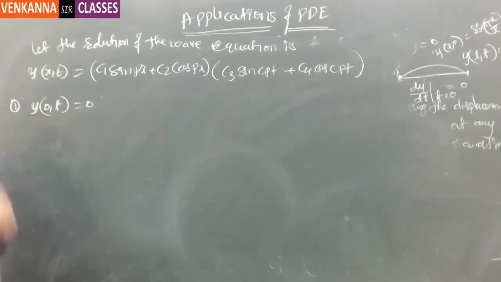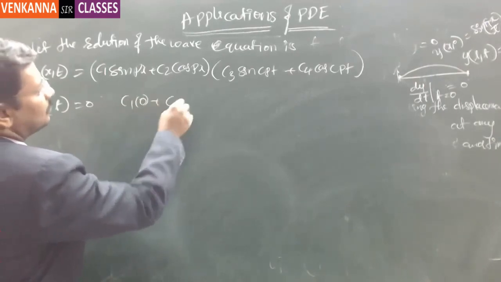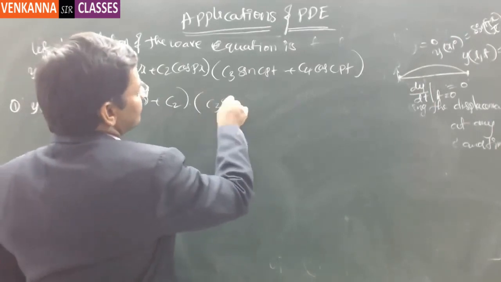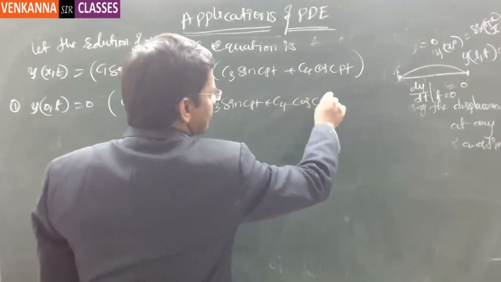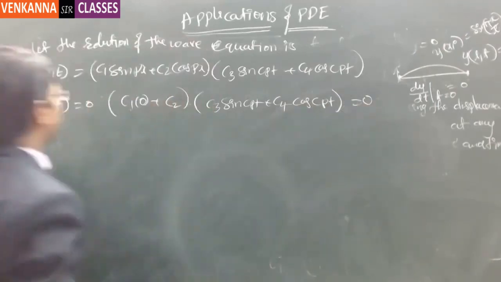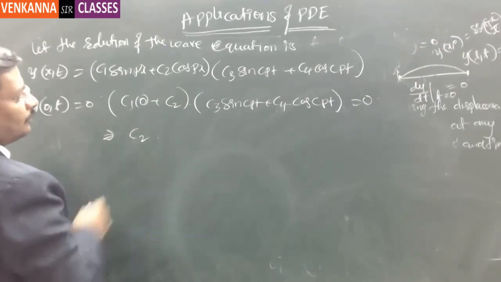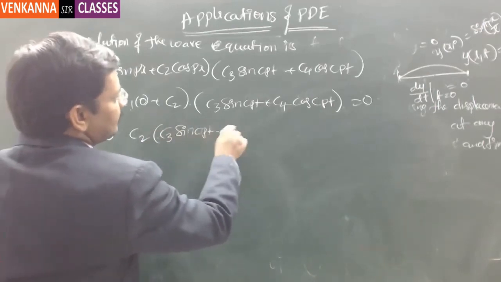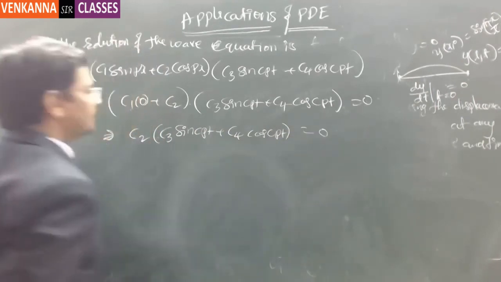If I put x as 0 and t as it is, then c1 into 0 plus c2, multiplied by c3 sin cpt plus c4 cos cpt. This is 0. So here this is coming out to be c2 into c3 sin cpt plus c4 cos cpt. Now this will be 0 if ct equal to 0.